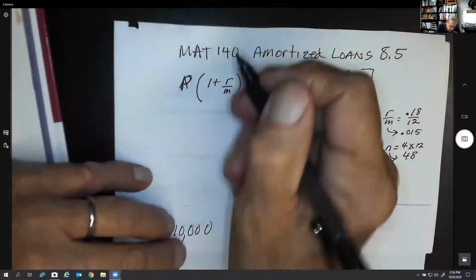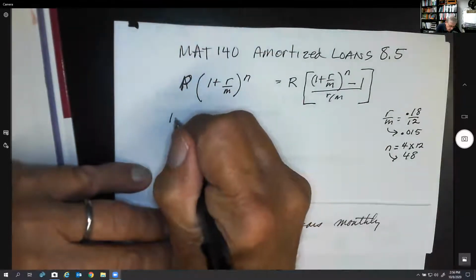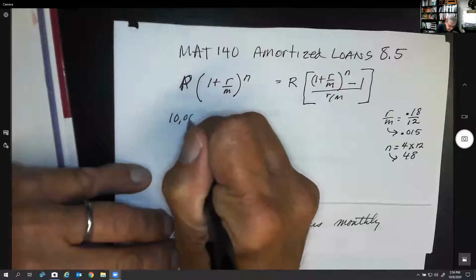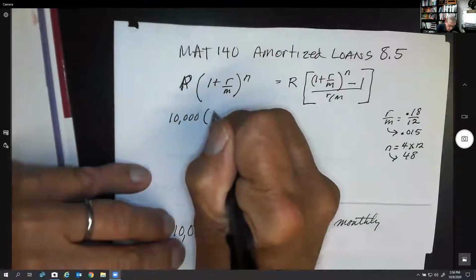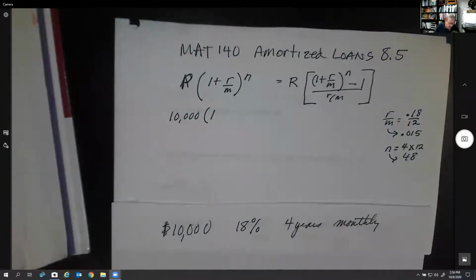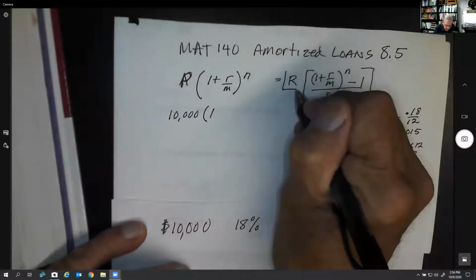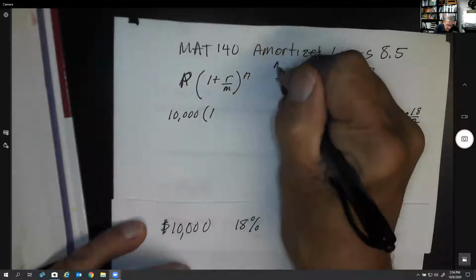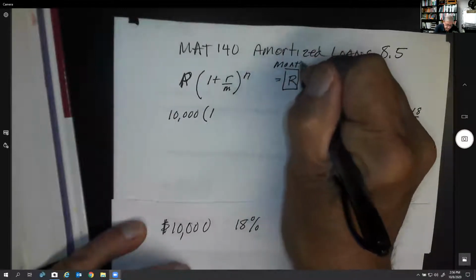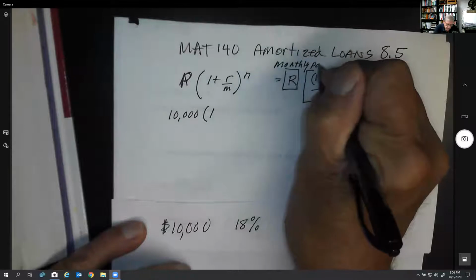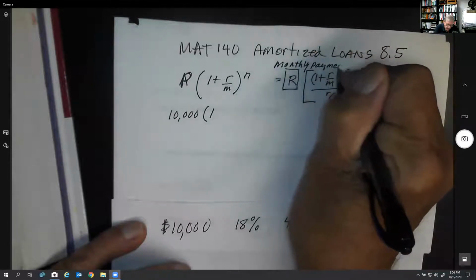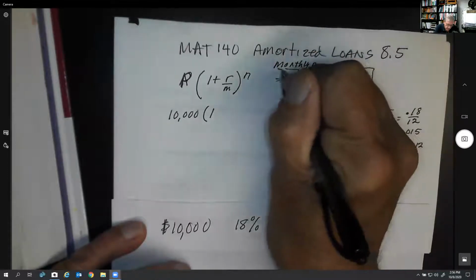Maybe we've got 10,000 times 1 plus, and what are we trying to find out on this, by the way? We're trying to find out what your monthly payment is going to be. We're looking for this R, monthly payment. That's what we're trying to find out, how much you're going to pay for this car each month.